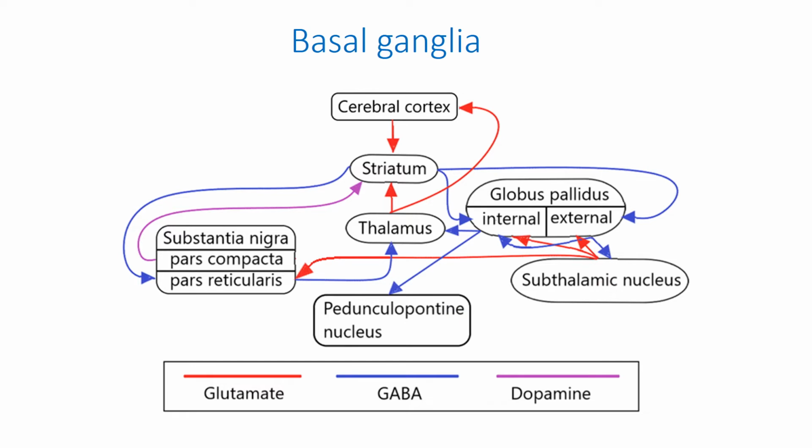That in turn gives excitatory output to both segments of the globus pallidus and pars reticularis of the substantia nigra. Due to their multiple connections, striatum and pallidum perform various functions.